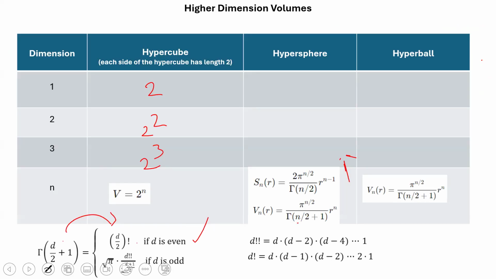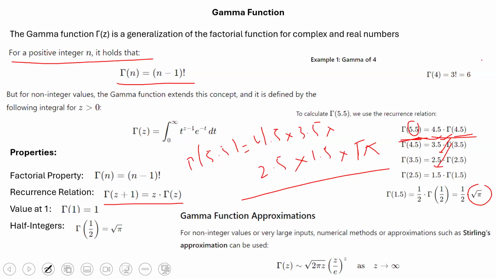So when you get 0.5 at the end, how are we deriving this? How are we translating that? Gamma 4.5 is nothing but 3.5 into gamma 3.5, which is 2.5 into gamma 2.5, and this becomes 1.5. So 4.5, 3.5, 2.5, 1.5 into root pi by 2, then 0.5 into root pi.